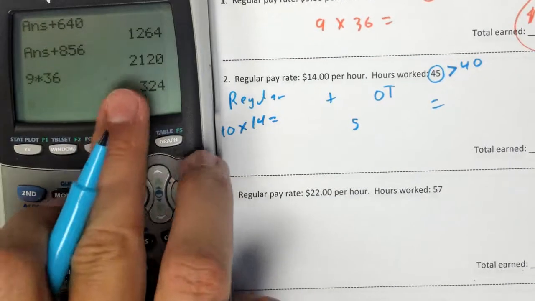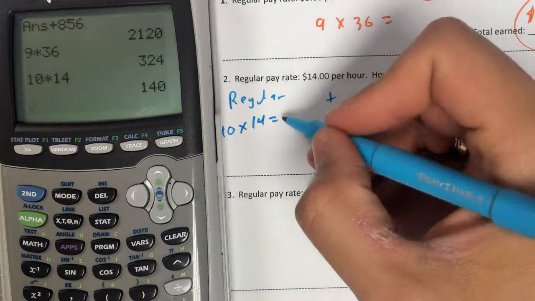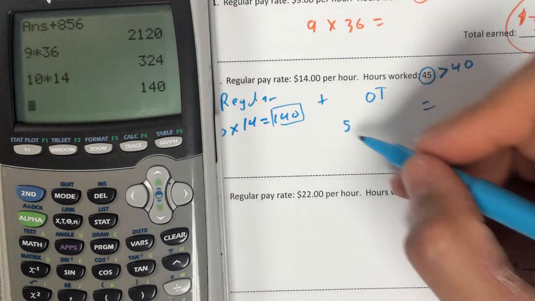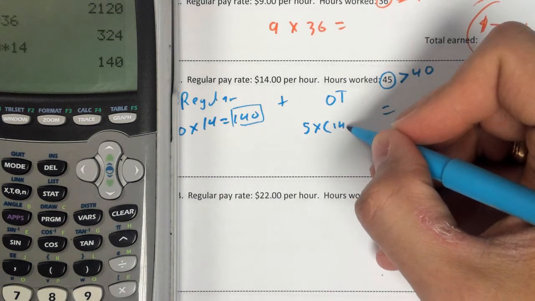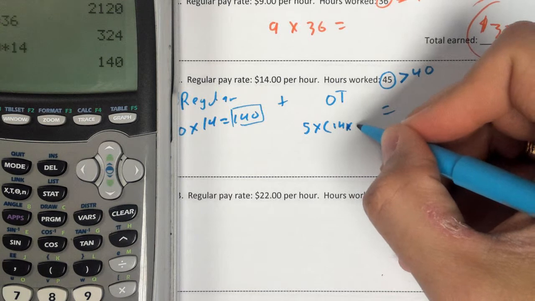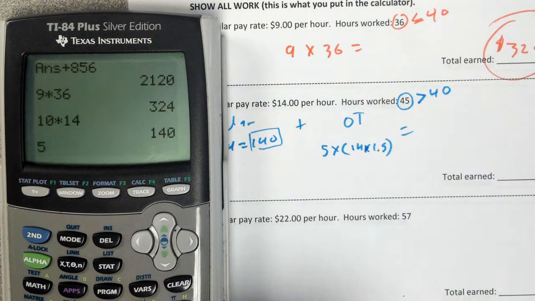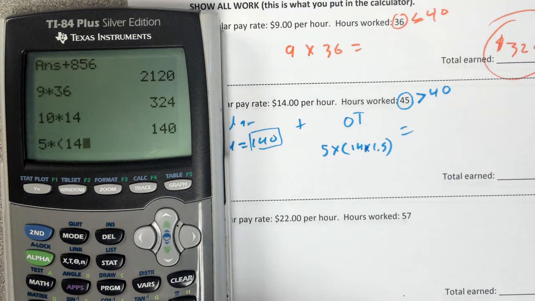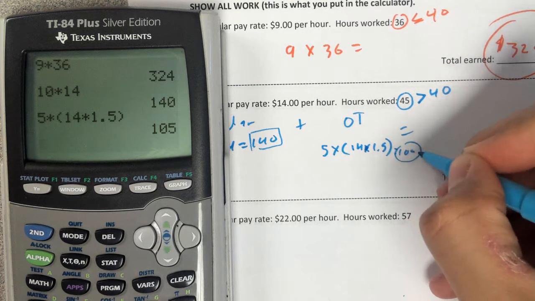So in the calculator, 10 times 14, and that is 140. Then when I'm looking at my overtime hours, I'm going to multiply it by my 14 times 1.5. So I do 5 times, and I'm going to do my parentheses because I got to do 14 times 1.5 and close those parentheses. And that is $105.